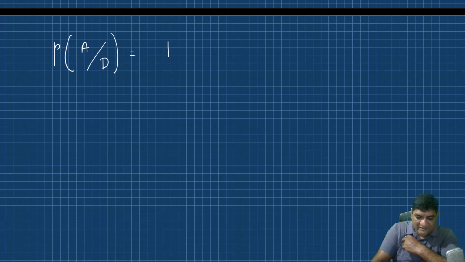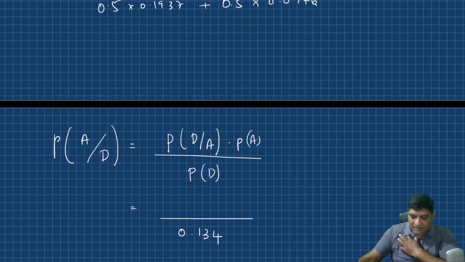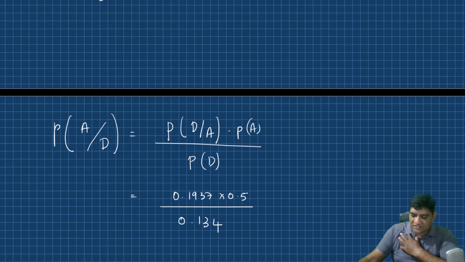We simply reciprocate it. We say probability of defective given that it's A, machine A, into probability of machine A, and that's divided by the total probability of being defective. And the total probability of being defective I've already calculated, which is 0.134, right? I'm going to use defective given that it's A. So for that, I'm going to say 0.1937 multiplied with 0.5, and that's divided by this much.